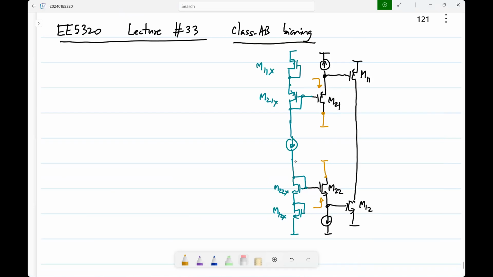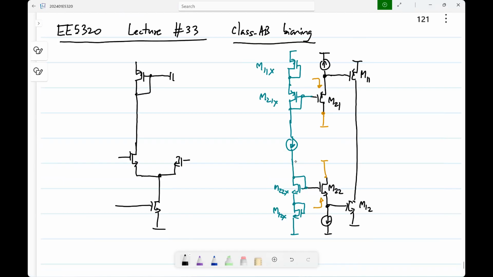If I now connect my usual single stage op amp's output to that node, what happens? That's how it was earlier.